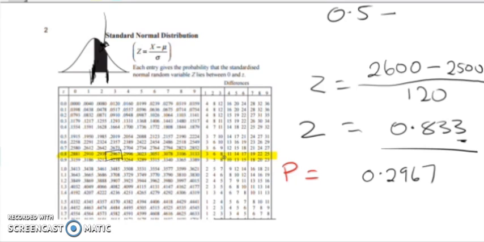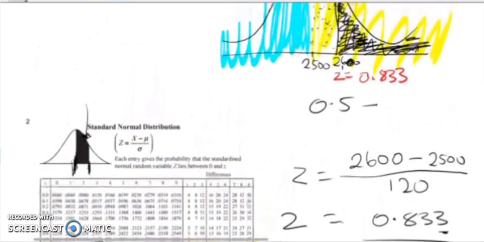So we want to add 8 onto the end of it. So we've got a probability equal to 0.2975. There's our probability, but we haven't answered the question yet because the question says greater than 2,600.